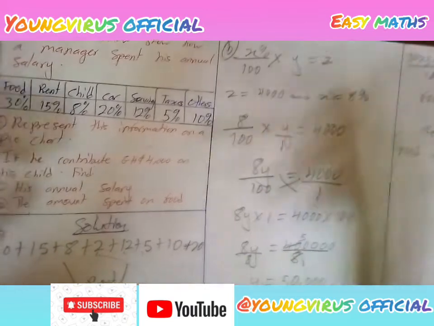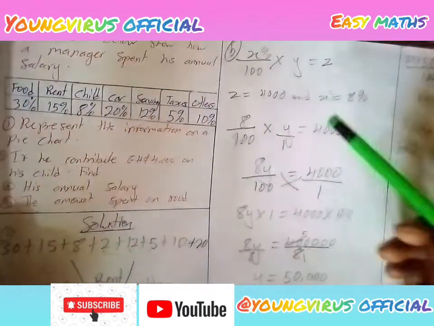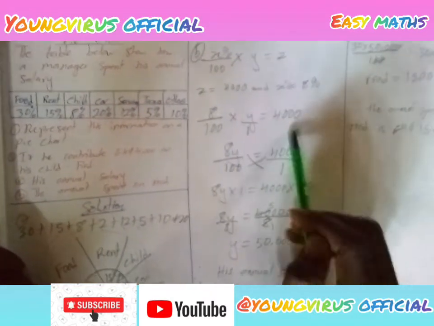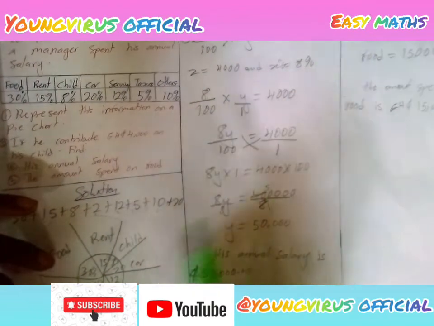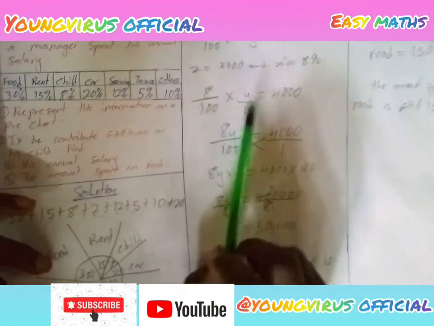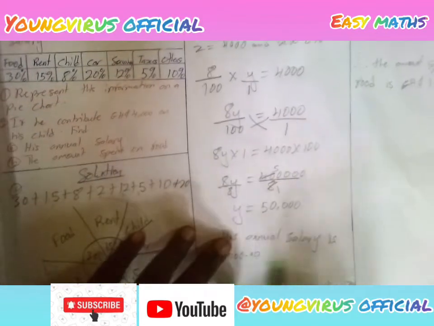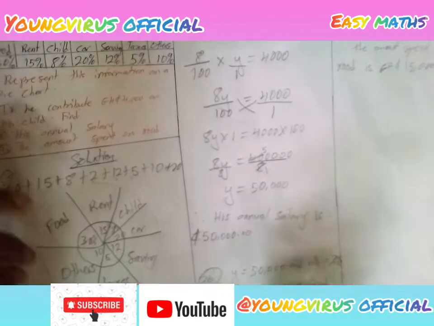So out of his money, he took 8% of it to cater for his child. If they are telling us 8% is 4,000, then what is his total amount of money? Calculating for that, we made y the subject by cross-multiplying, and we got to know that the man's annual salary is 50,000.